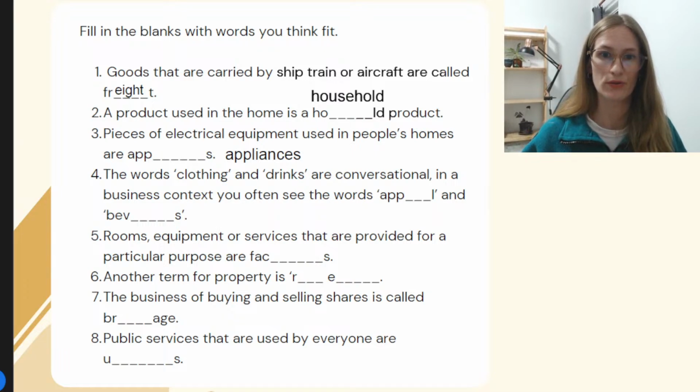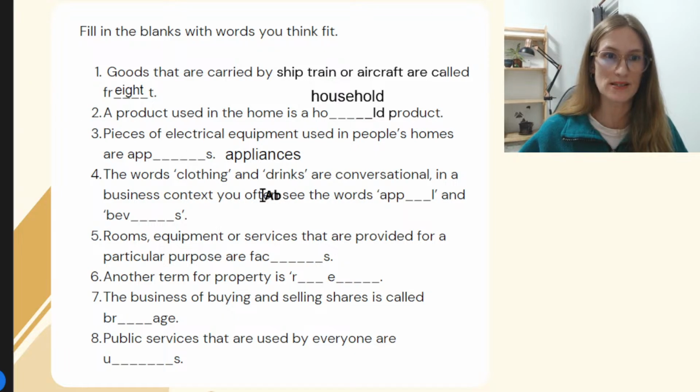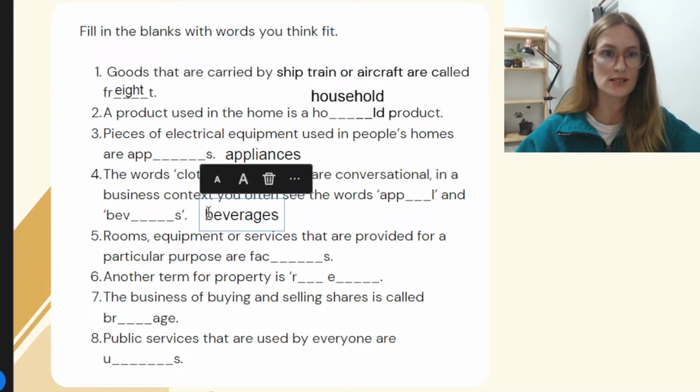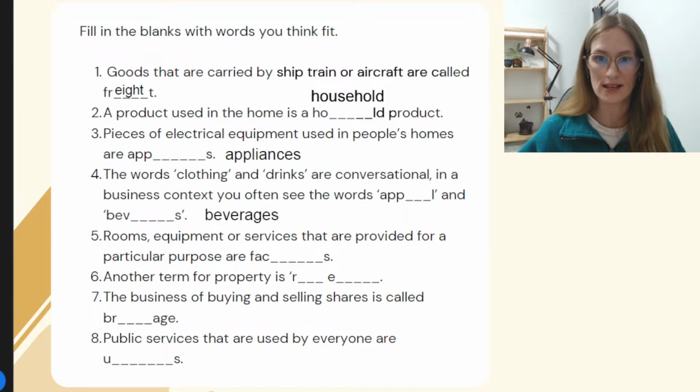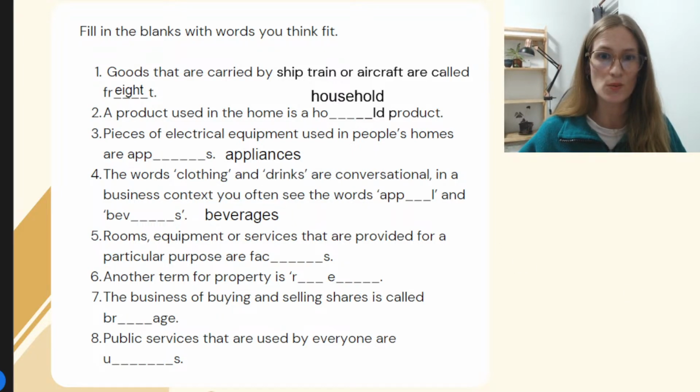BEV. And they both, that one ends in S and the first one ends in L. Beverage, exactly. The business English word for drinks is beverages, or a beverage. Yes, exactly. Anyone have an idea about the first one? APP, business English for clothing.